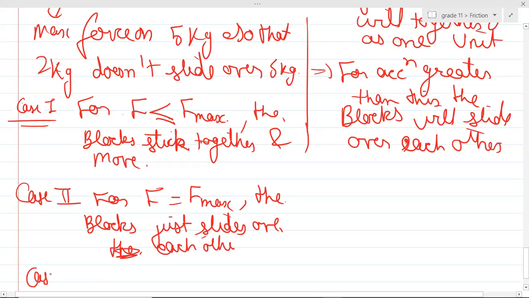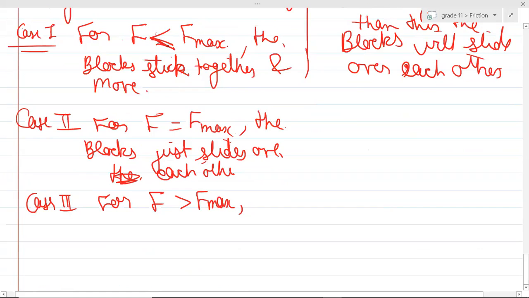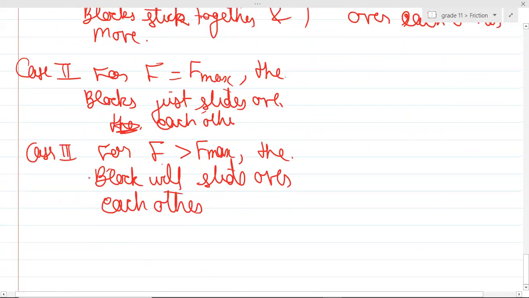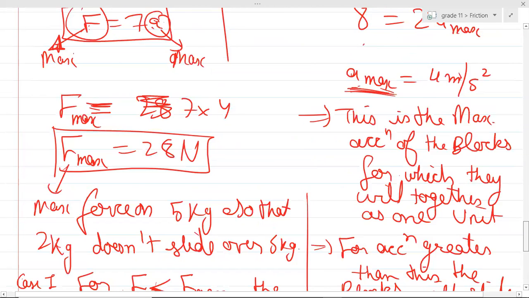And case 3: for F greater than F max, the blocks will slide over each other. Okay? Is it clear, guys? Yes, sir.